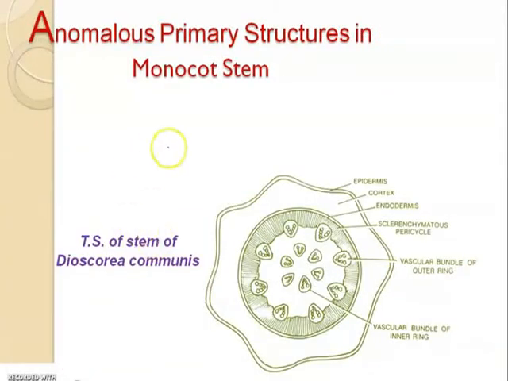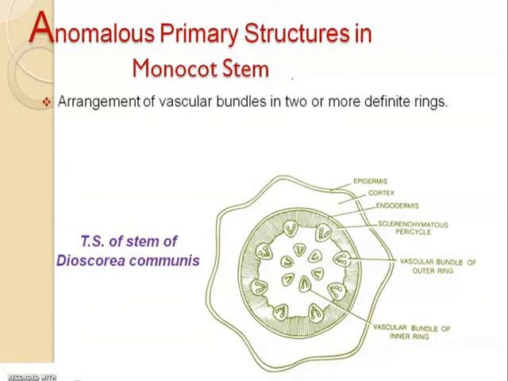Now, anomalous primary structures in monocot stem. So, we should know about the anomalous primary structures in monocot stem, and these structures are the arrangement of vascular bundles in two or more definite rings. In the previous slide, we discussed the normal structures in monocot stem, in which vascular bundles are scattered, but the anomalous primary structure shows the arrangement of vascular bundles in two or more definite rings.